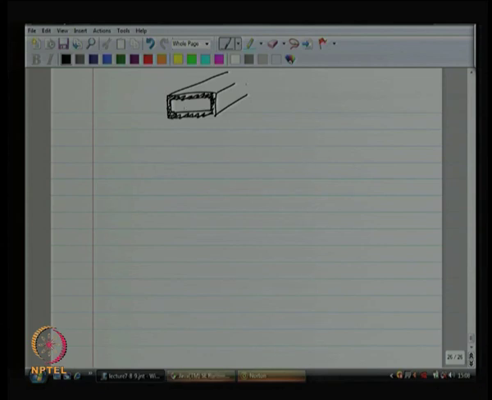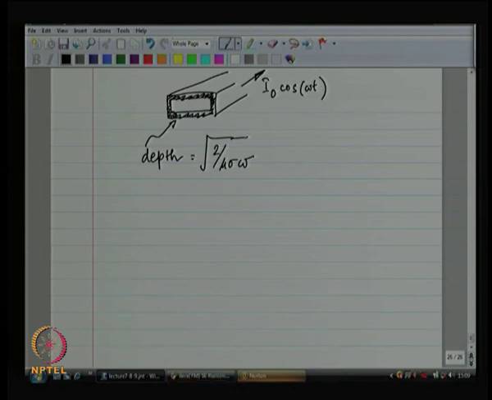Now, that is your skin depth. Let us go back a couple of steps. What is the implication of this on your resistor design?